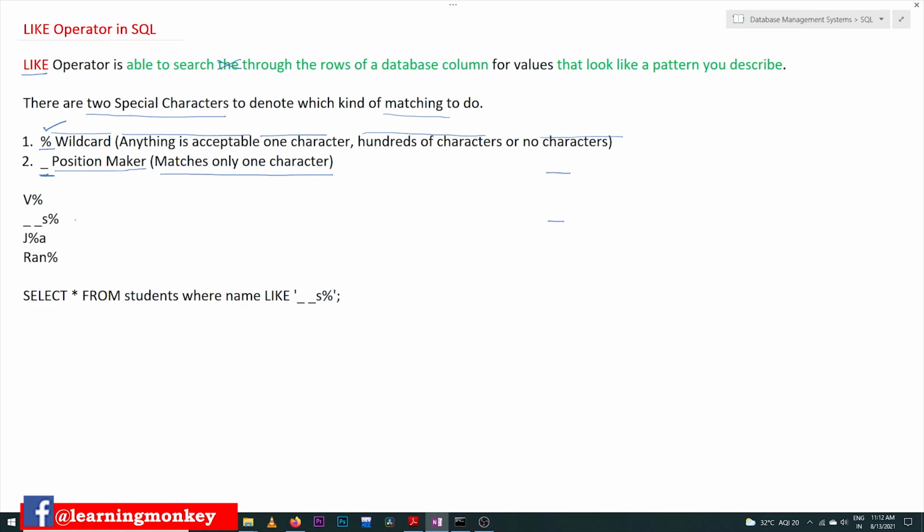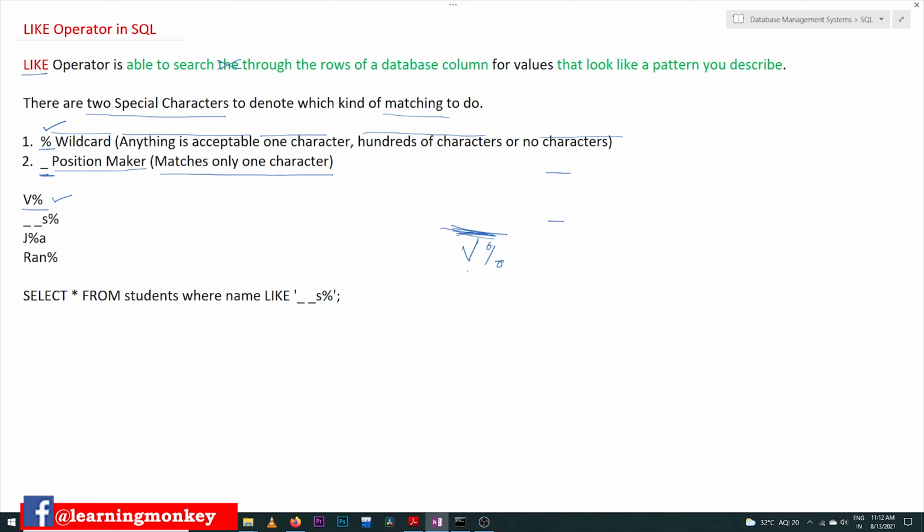Let's try to understand different examples here. The first pattern given is V percentage. What does this pattern mean?